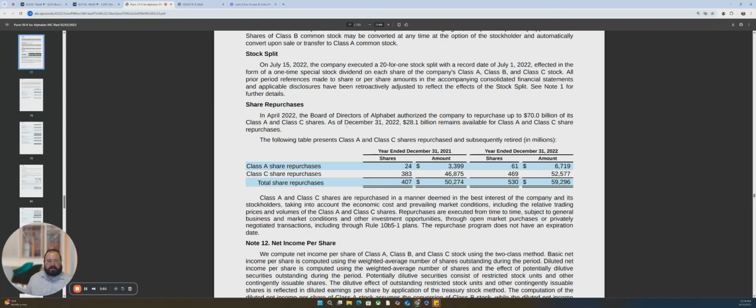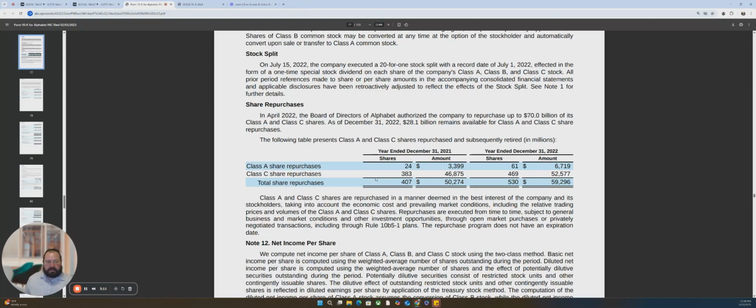And what we see over here is that Class A and Class C have been part of a repurchase program that they have been running on an annual basis, continuously buying back and retiring lots of their shares.